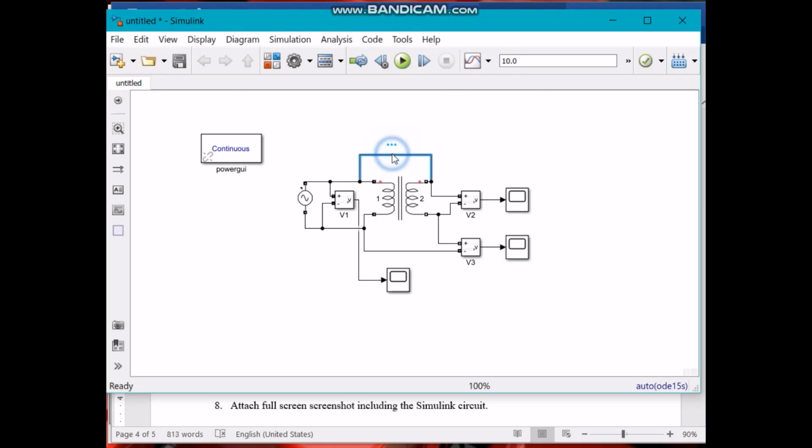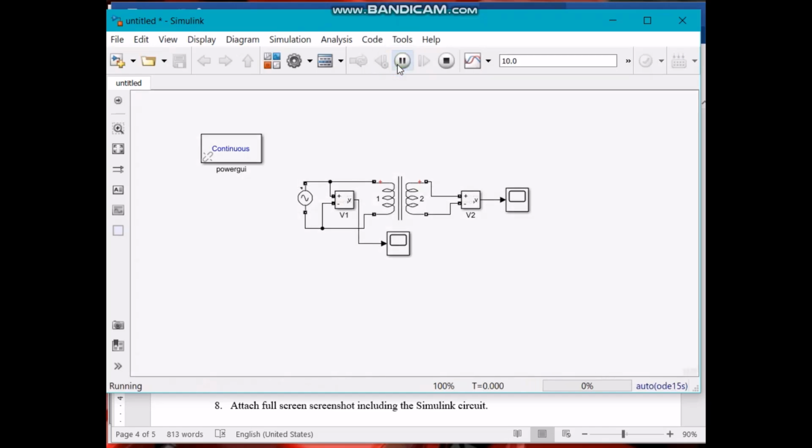Okay, let's remove this short. Okay, and let's remove this voltage source. We don't need that for the transformer test. Yeah, that's it. So we just need this primary side voltage and secondary side voltage. Okay, let's run this program.